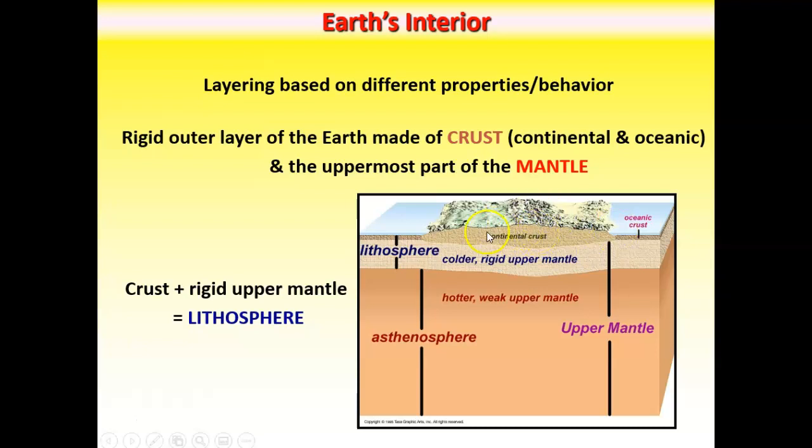The continental crust is thicker and made of slightly different components than the oceanic crust, but it's still different than the mantle. So there still is a compositional boundary at the base of each of the crusts. Doesn't matter if it's oceanic or continental, there's still a chemical difference. So we can still say, compositionally, crust, mantle, core.